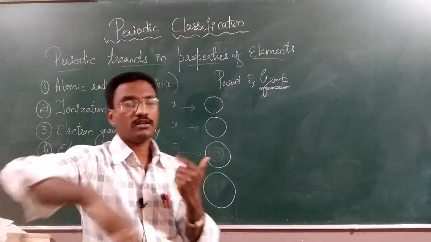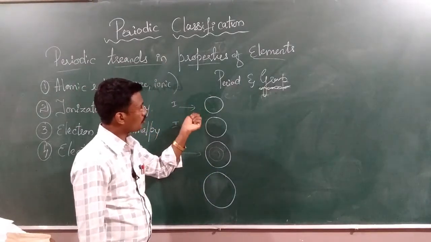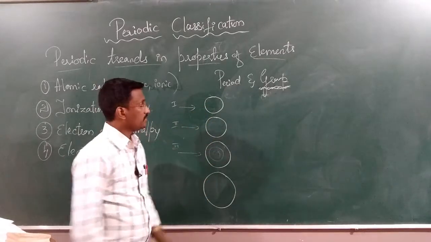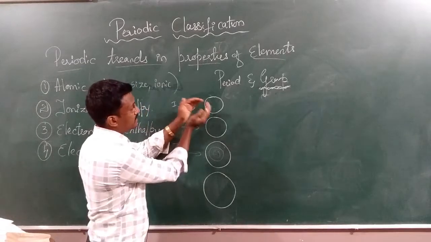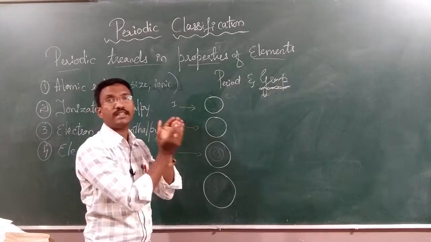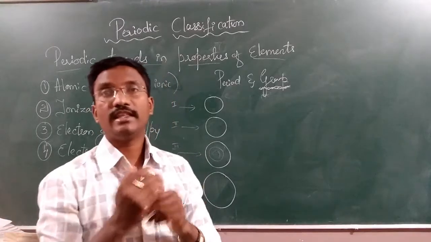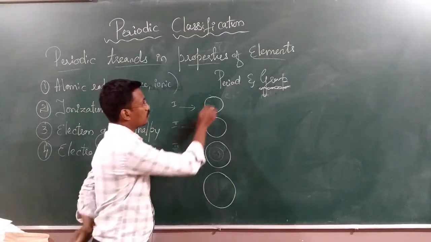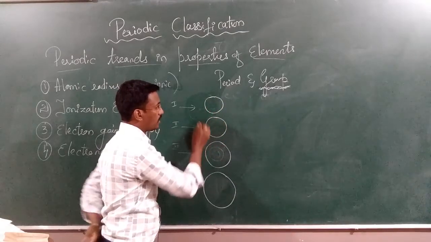Give reason or why. For that question, the atomic size increases down the group because as we move down the group, an addition of a new shell takes place. For that reason, there is an increase in the size of the atom. Are you getting it? Only one shell is present in the first, and as we move down, there is another shell.